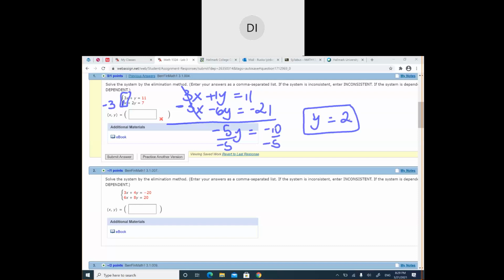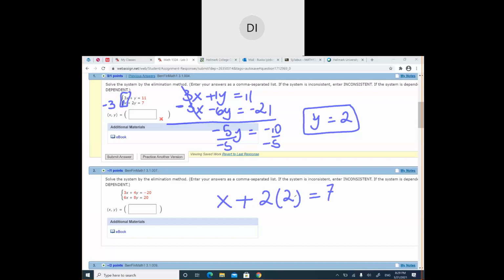You can plug it back into one of the equations, y is 2, or you can eliminate y to get x. What I'm going to do is use this y equals 2 and plug it into the second equation. So I have x plus 2 times y, which is also 2, equals 7.